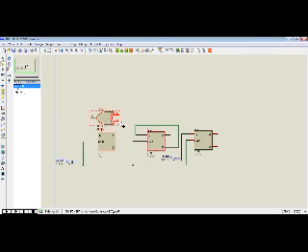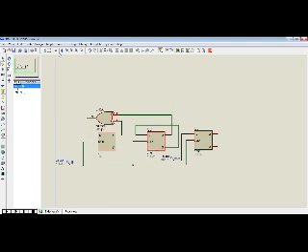So we connect it to QA and QB. That's our input.